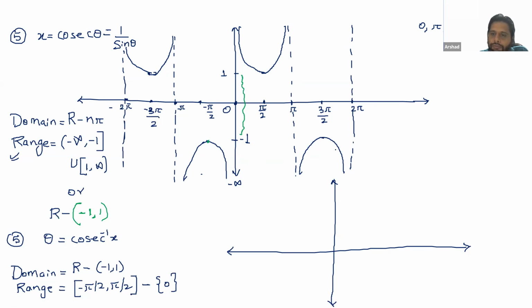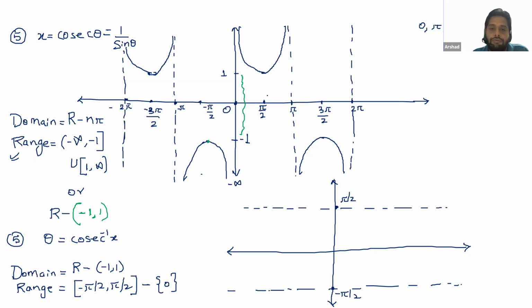Now we will draw the graph of this. First of all, draw a dotted line, and here draw a dotted line. The angle you will write here: here you will have pi by 2, and here you have minus pi by 2. So we need to find the inverse of cosec from minus pi by 2 to pi by 2.